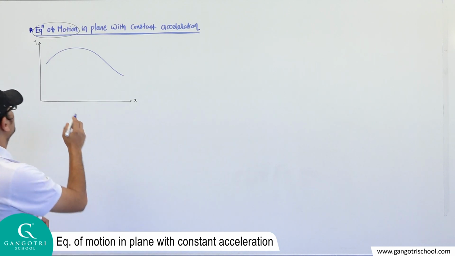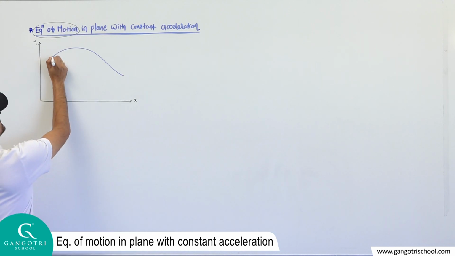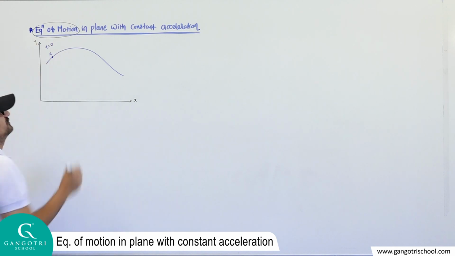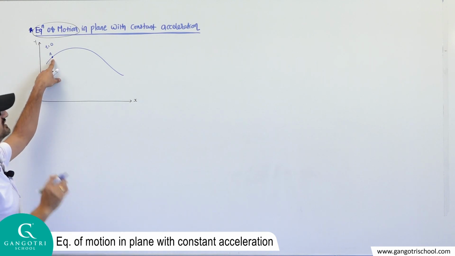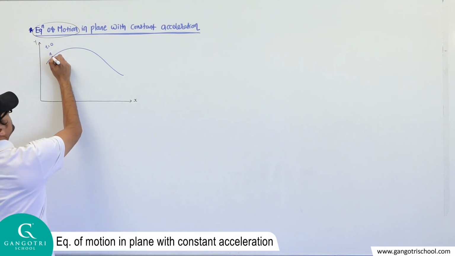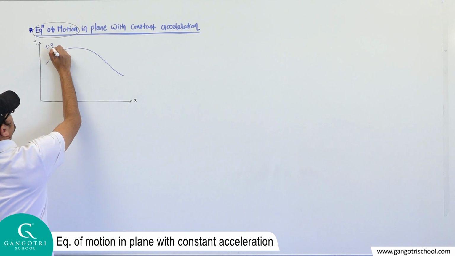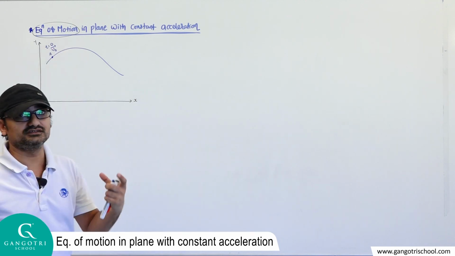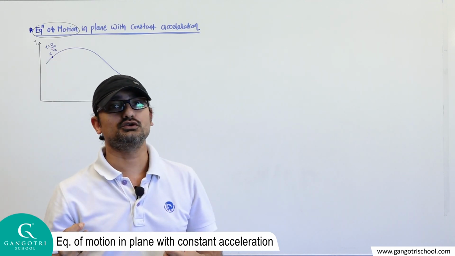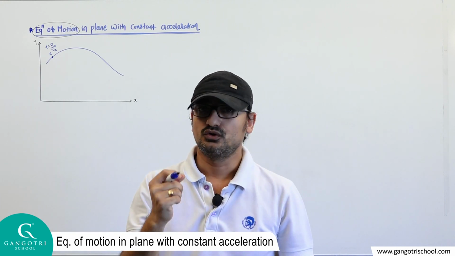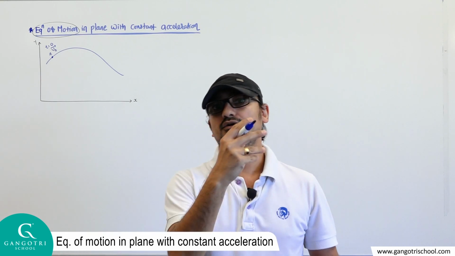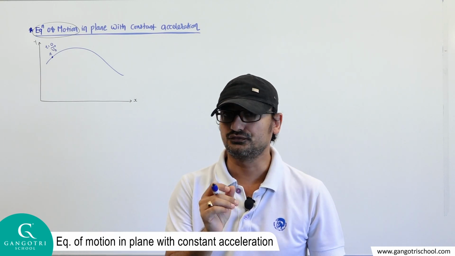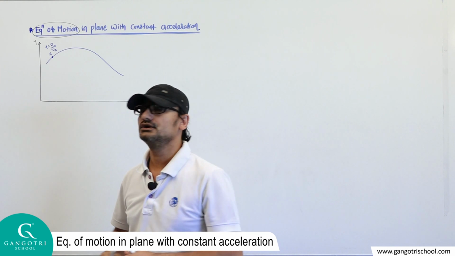Now let's assume that initially the object is here at point A at time t equals 0, and from this point it starts the motion with velocity v0.